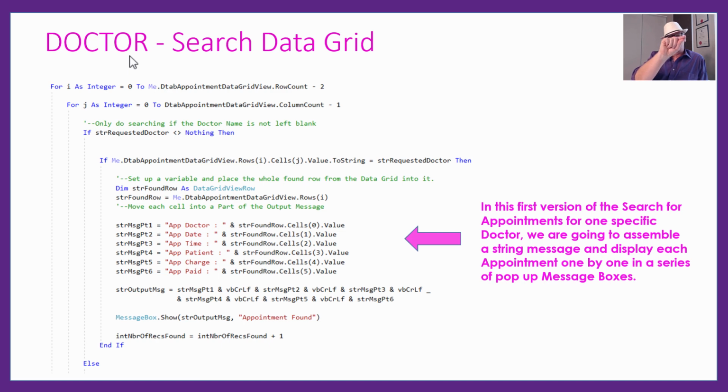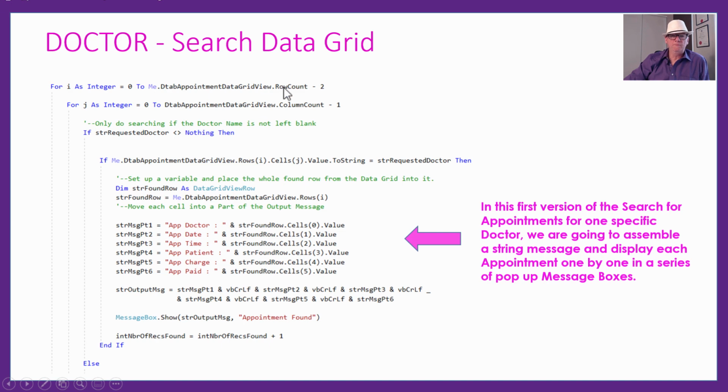So we need to be searching down the rows one by one, but each time we hit a row, we need to go along and check doctor and check date and check time. So the I loop is going down the rows, but for each row we've got an inside J loop, and the J loop is jumping across and doing the doctor, then the date, then the time, then the patient. So we have a loop inside a loop, just like you would on any sort of 2-dimensional array.